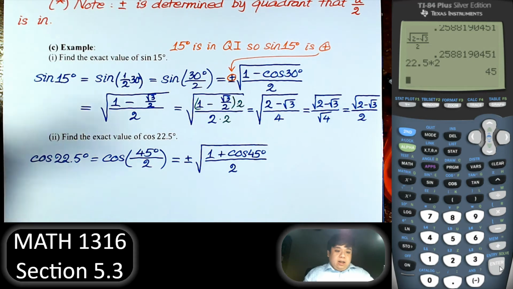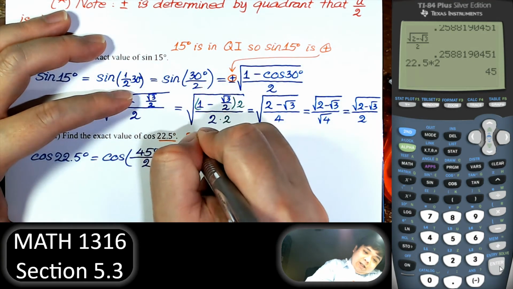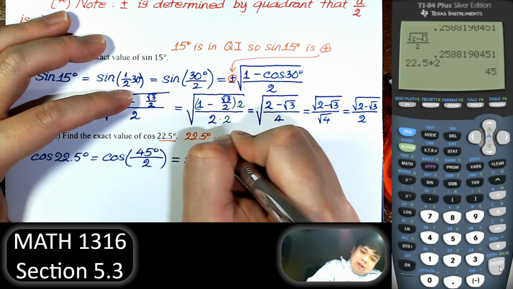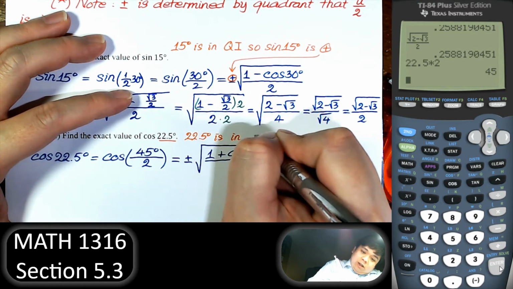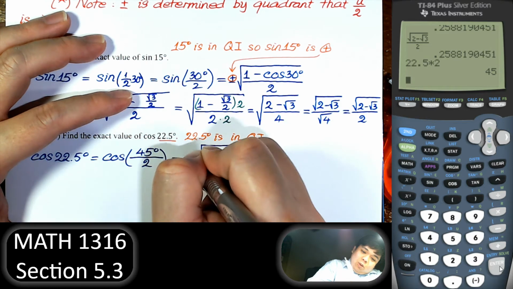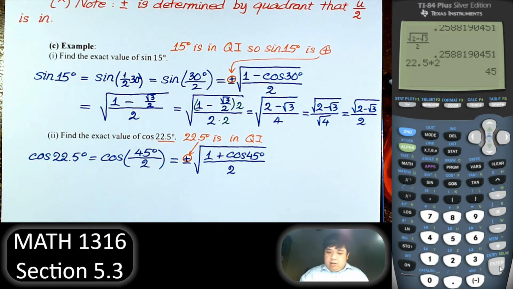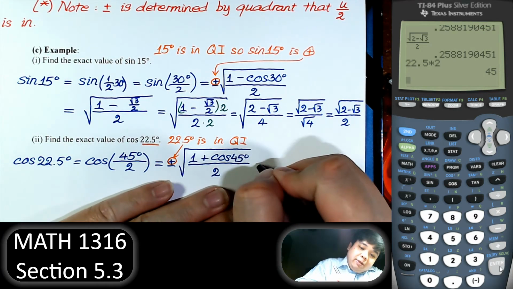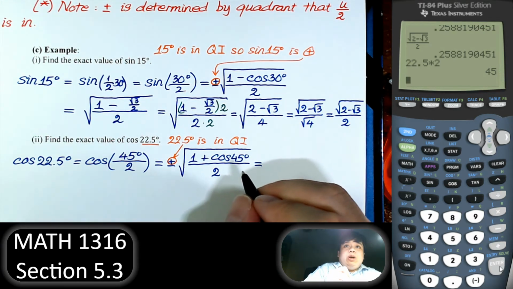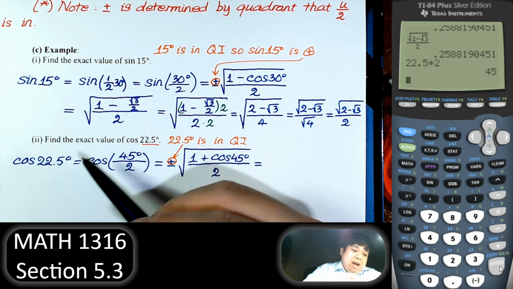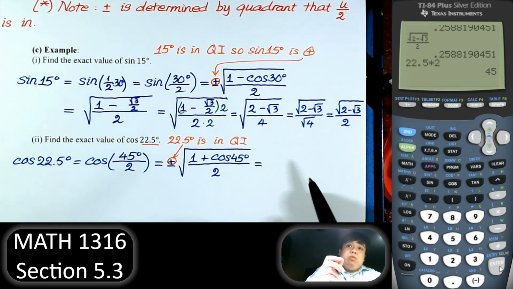And next, 22.5 is in quadrant 1. So once again, we choose the plus sign because it's positive. If it's in quadrant 2, cosine in quadrant 2 should be negative.